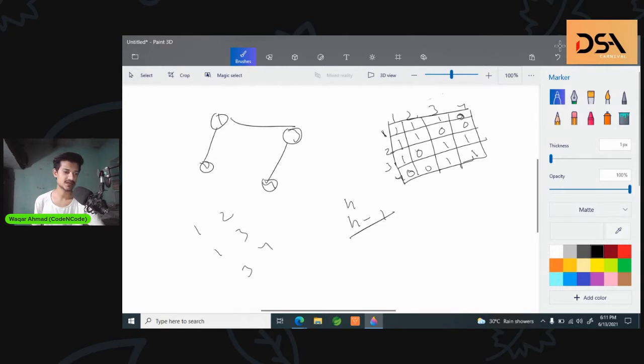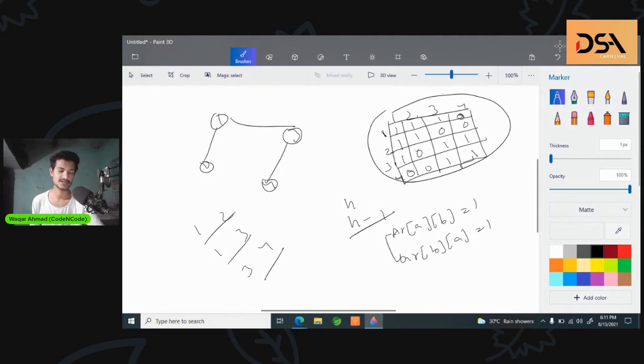Each time you receive A B, which represents a single edge, you can have an array AR, doesn't matter what you name it, and at position A B you set it to 1. The same goes for position B A, you set it to 1. This is how you process all of the edges, and this way your adjacency matrix representation will work.